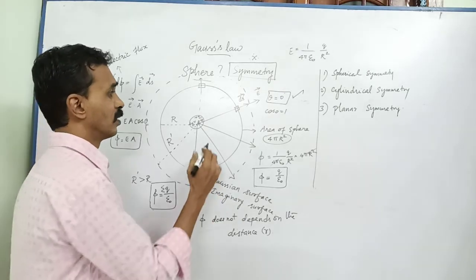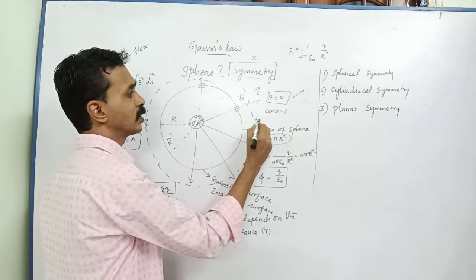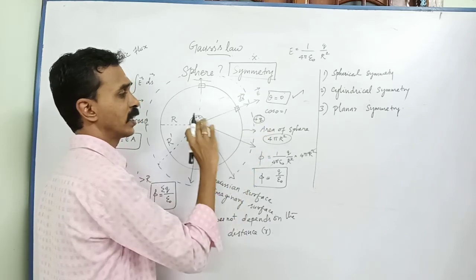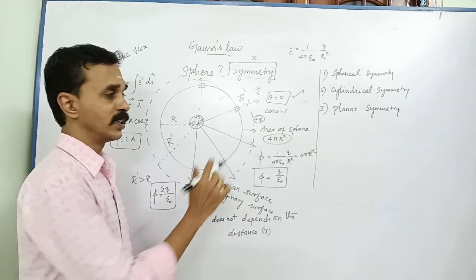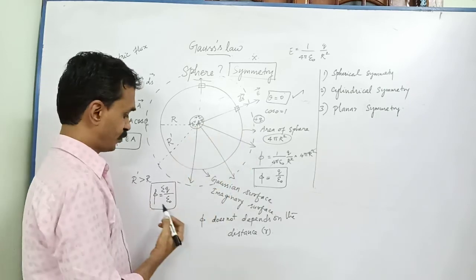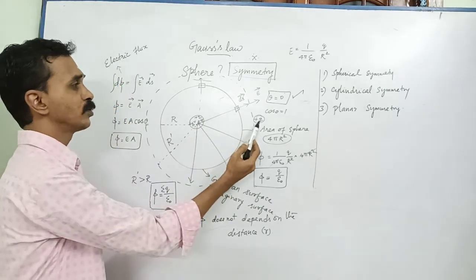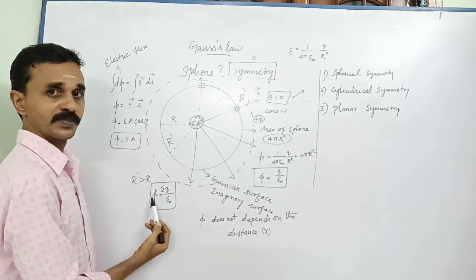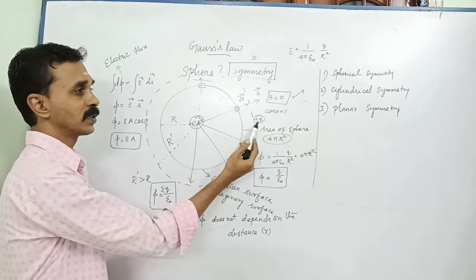And suppose you have another charge plus q here outside the Gaussian surface, and this charge will not contribute to any flux. There is no dependence of the flux on this charge because the charge is present outside the Gaussian surface.